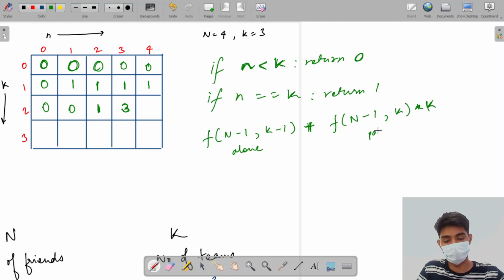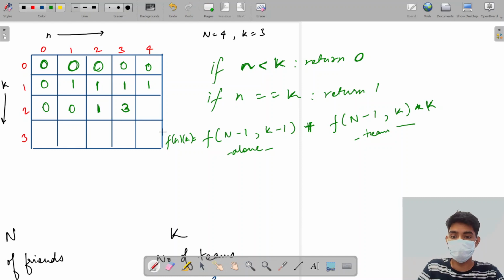So this is my answer of f of k comma n, or n comma k. But this is for k comma n, so this would be k minus 1 here and n minus 1 here.